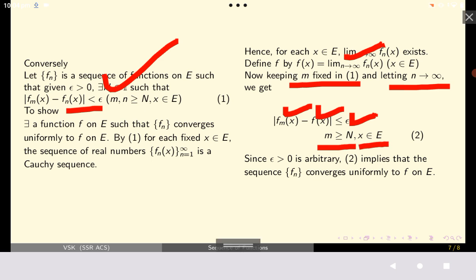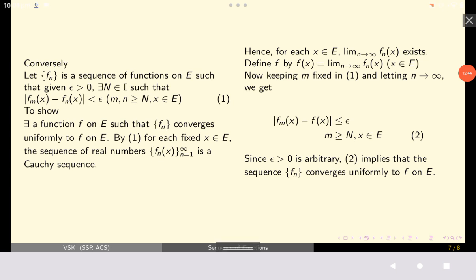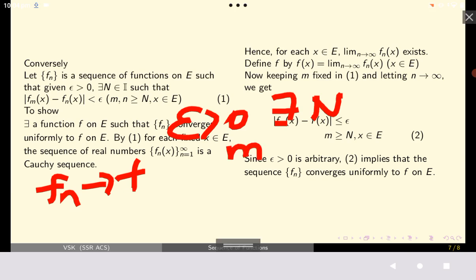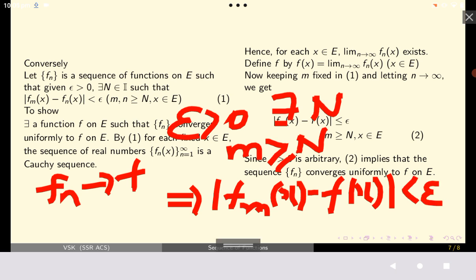As epsilon greater than 0 is arbitrary, this by definition implies that the sequence f_n converges to f uniformly on E. Recall what we require for uniform convergence: given epsilon greater than 0, there exists some N such that if m is greater than or equal to N, then |f_m(x) - f(x)| is less than epsilon, and that we have just proved.